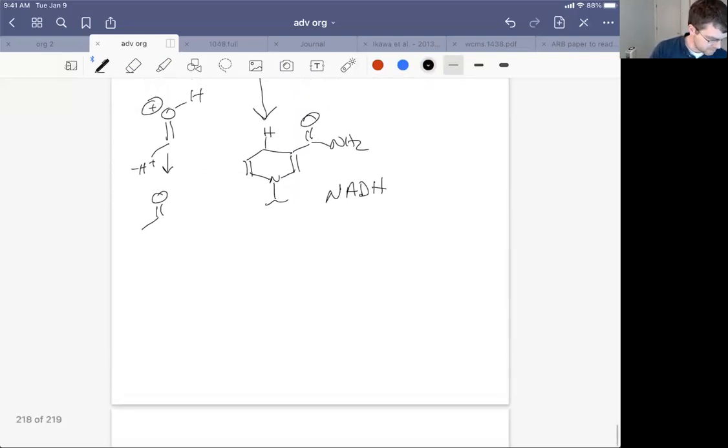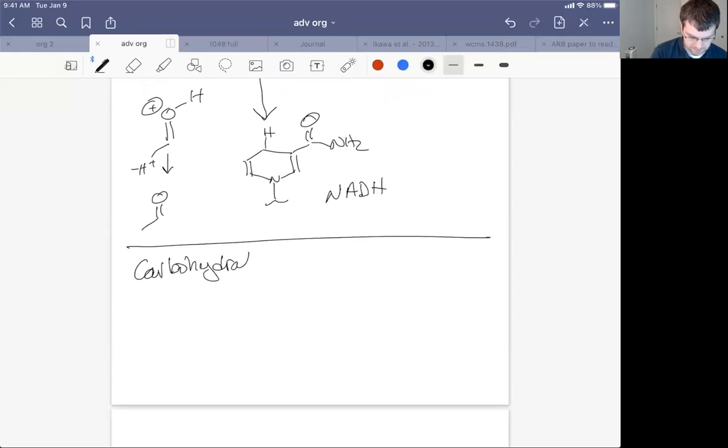Okay, I should make another page here. Now before we move away from carbonyl addition reactions, we'll talk about carbohydrates briefly and carbonyl additions. So carbohydrates are kind of gnarly structures, chair structure here.